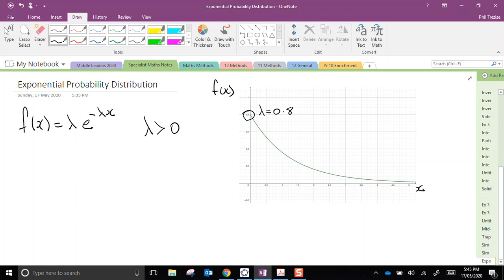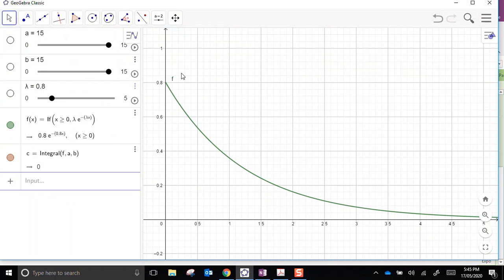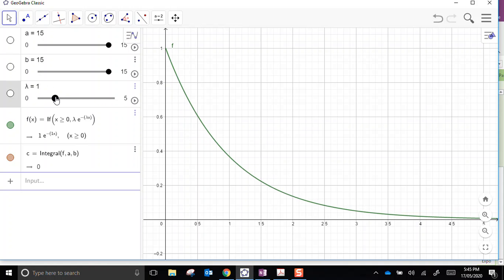So let's have a little bit of an interactive look at this. If I go back to GeoGebra, that's how I drew that diagram, and you can see here I have lambda set at 0.8, and I can increase that a bit up to 1. So obviously the graph starts higher up, but also now it drops down more sharply.